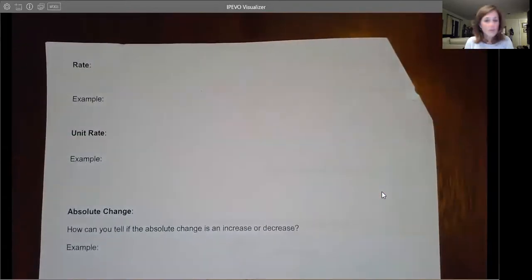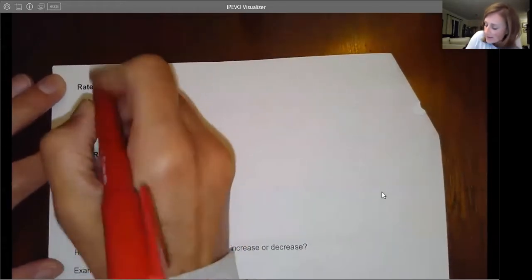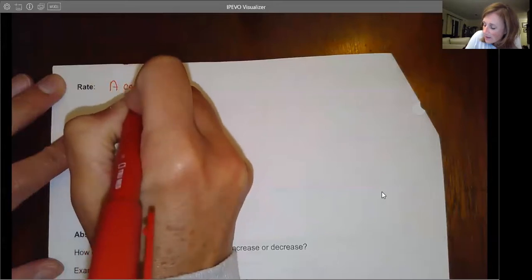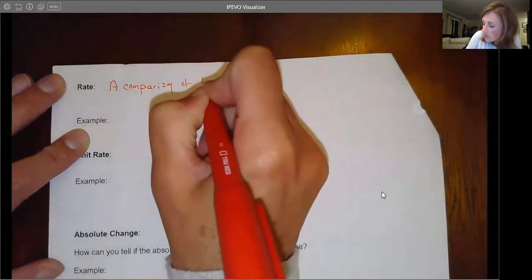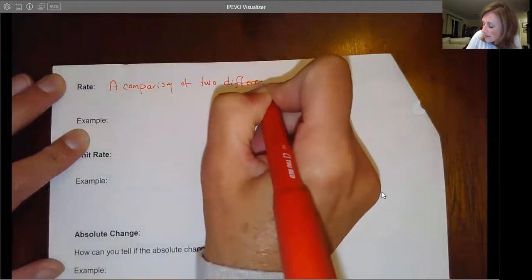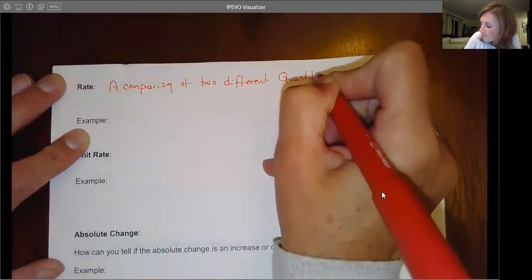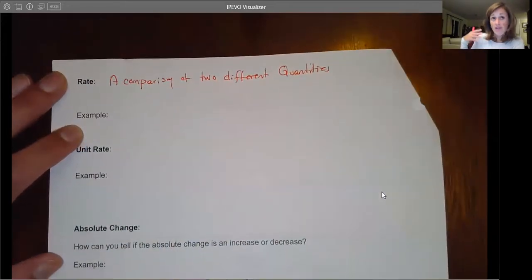So remember, a rate is a comparison of two different quantities. It's a fraction where you have a different unit on the top than you do on the bottom.